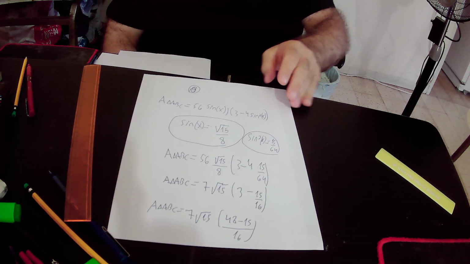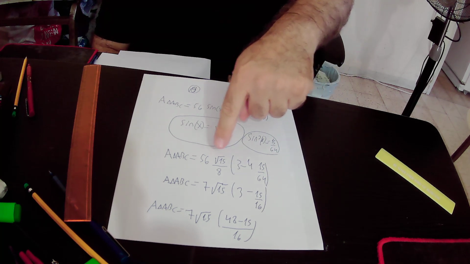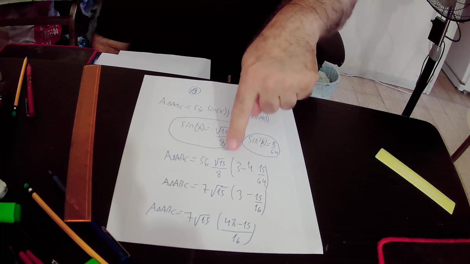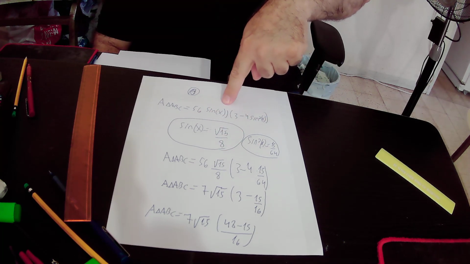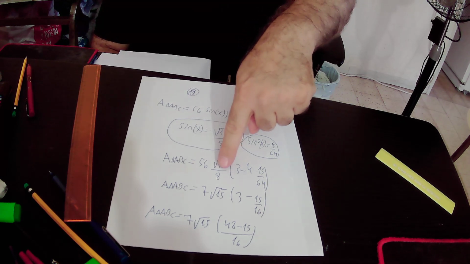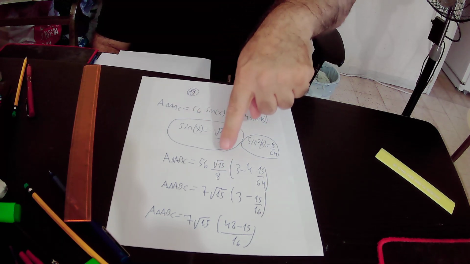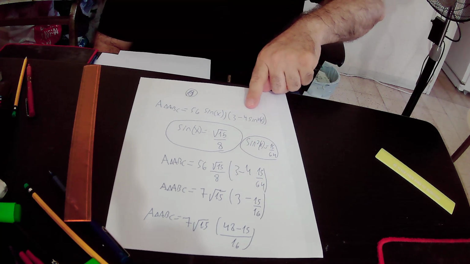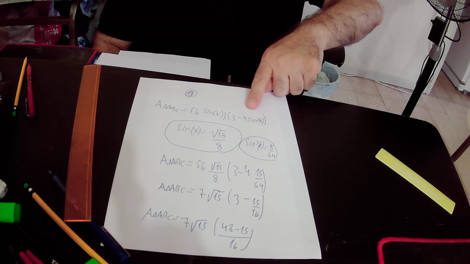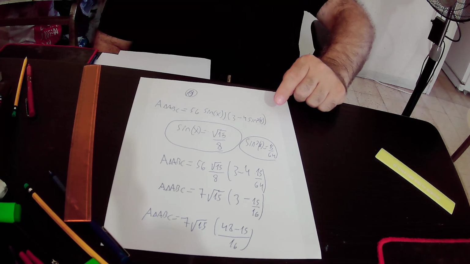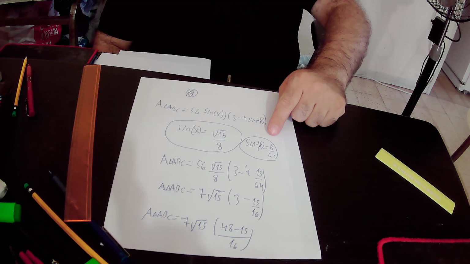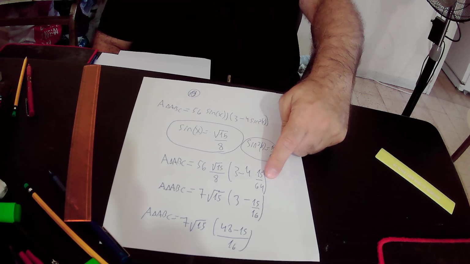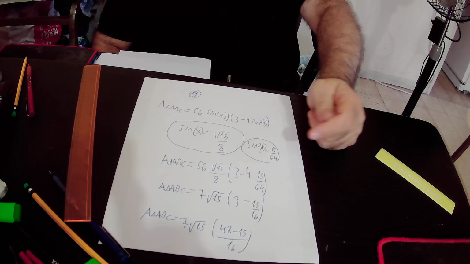So the area of triangle ABC equals 56 times sine x. Sine x equals root 15 over 8, so we can substitute sine x here by root 15 over 8. Inside the brackets we have 3 minus 4 times sine squared x, and we know that sine squared x equals 15 over 64.